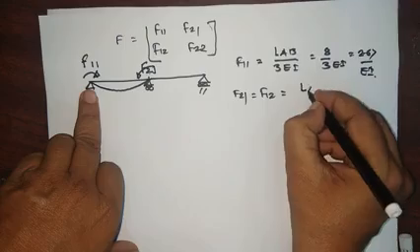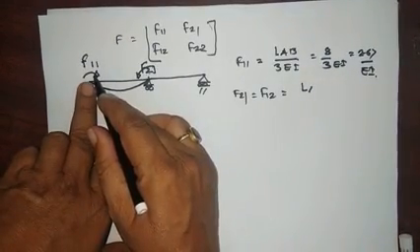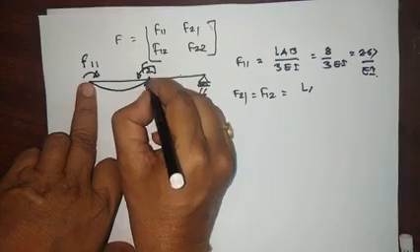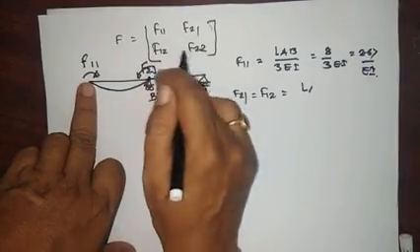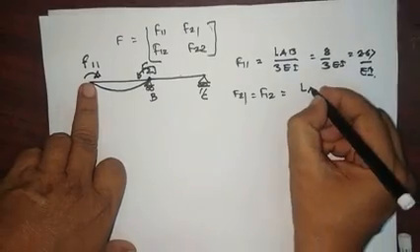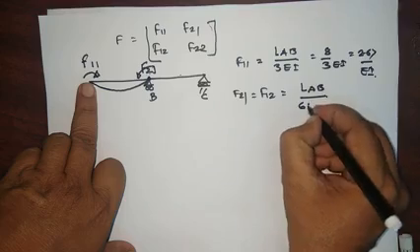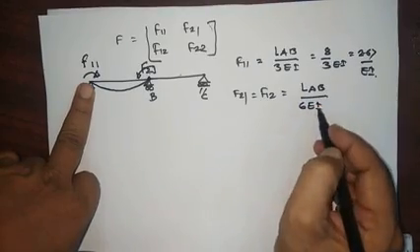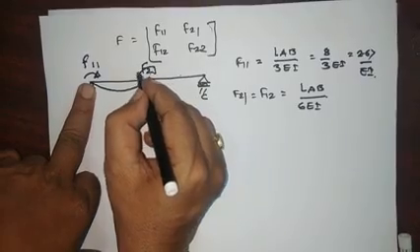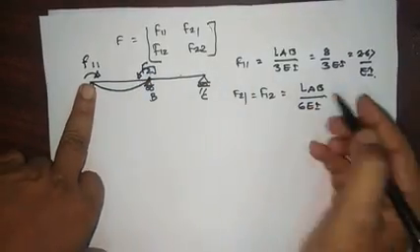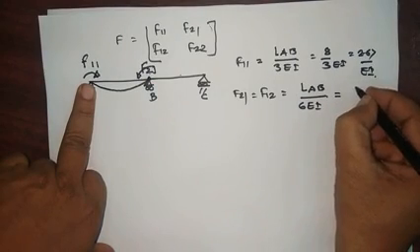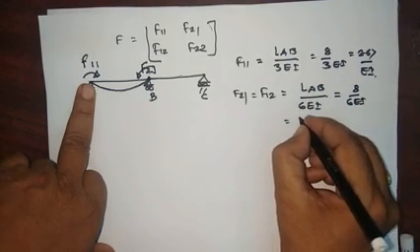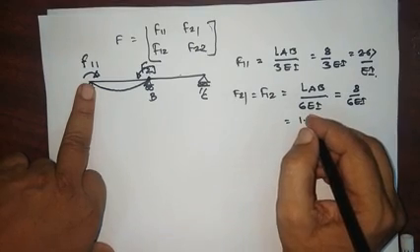In that case, this rotation at 1 will not produce any rotation in the span BC, because here is a hinge inserted. So that is L_AB divided by 6EI. This will produce the rotation here, and that value is L upon 6EI. This direction is the same as we have assumed, that is why this value is positive, and that is again 8 by 6EI, so that is equal to 1.33 by EI.